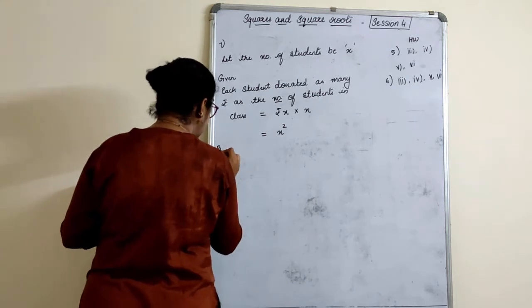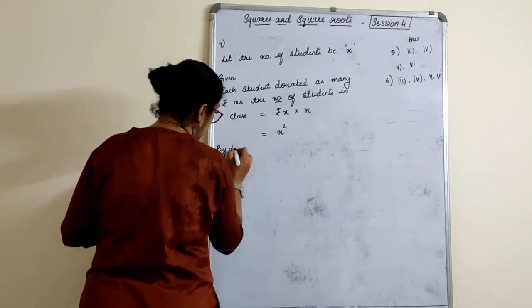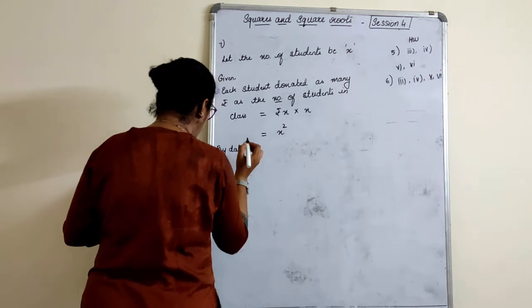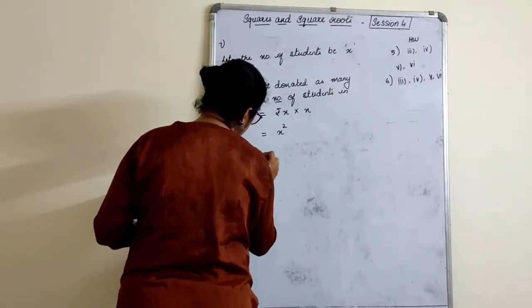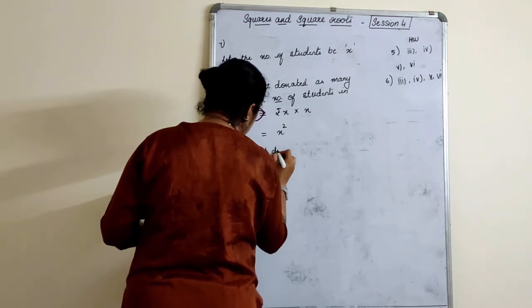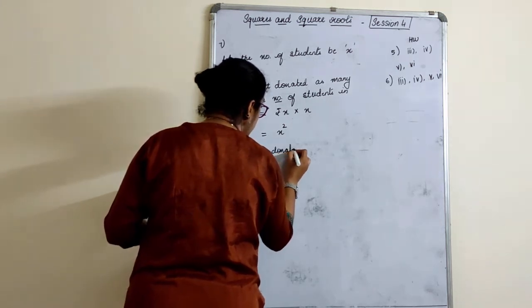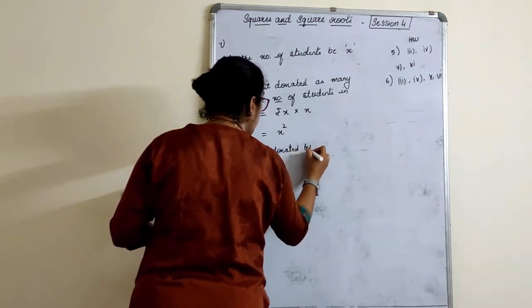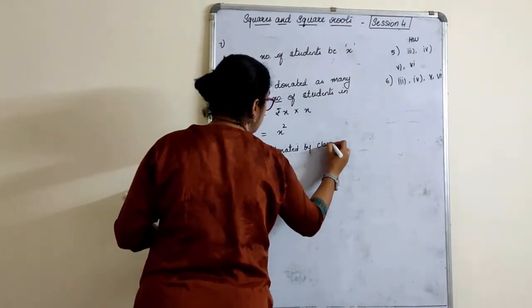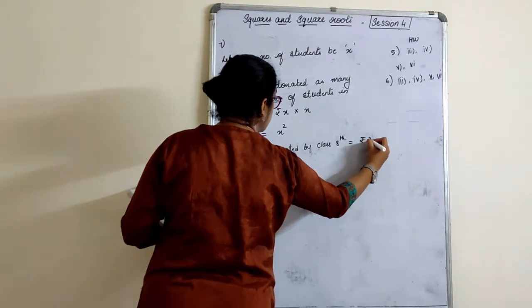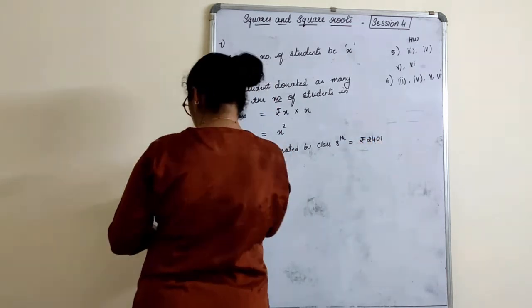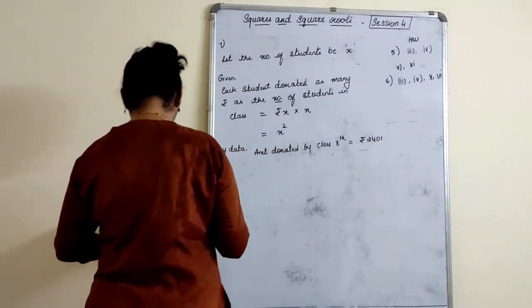So by data, the amount donated by class 8 is equal to rupees 2401, right?